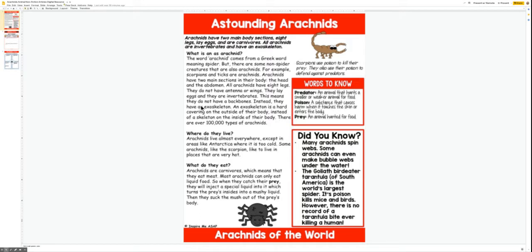This means they do not have a backbone. Instead, they have an exoskeleton. An exoskeleton is a hard covering on the outside of their body instead of a skeleton on the inside of their body. There are over 100,000 types of arachnids. Wow.